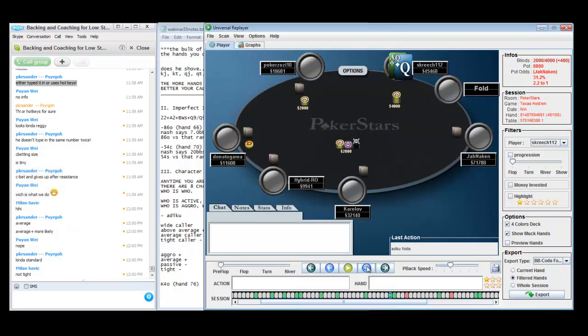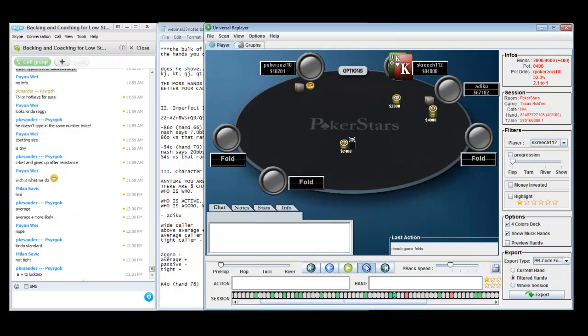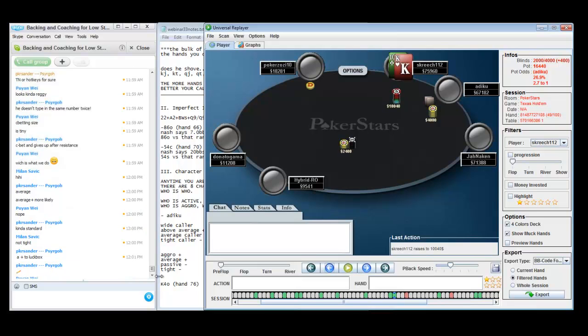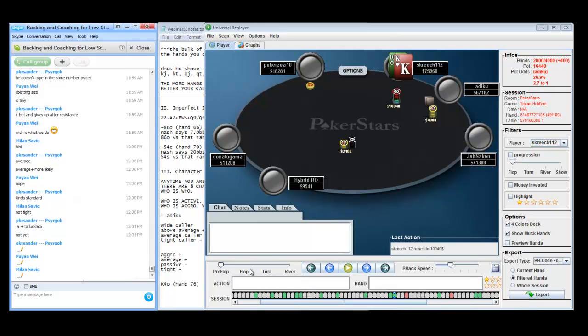Okay, he folds. He folds. Does that tell us anything about him? Maybe he just had 3 deuce. If anything, maybe it tells us he's not psycho.